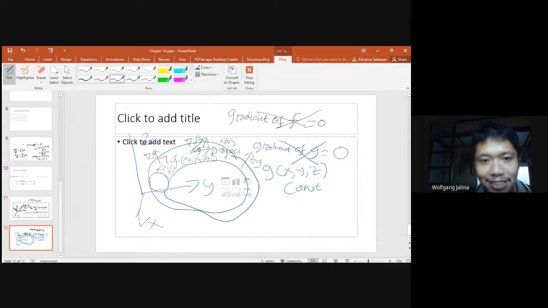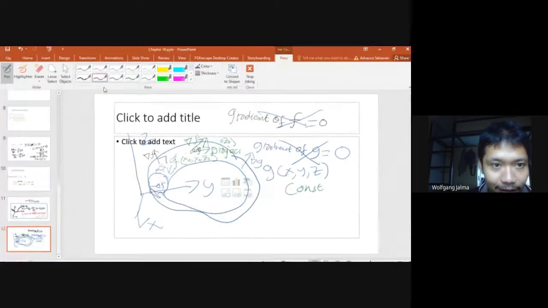So the extreme value here is at a point when both the gradient of f and the gradient of g are normal to the g, perpendicular to the g.